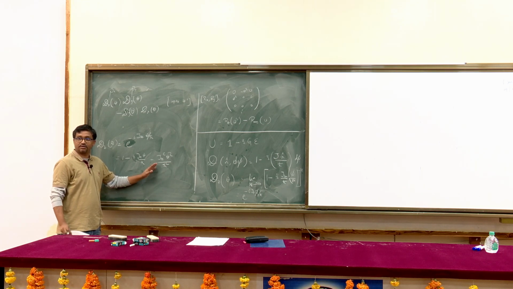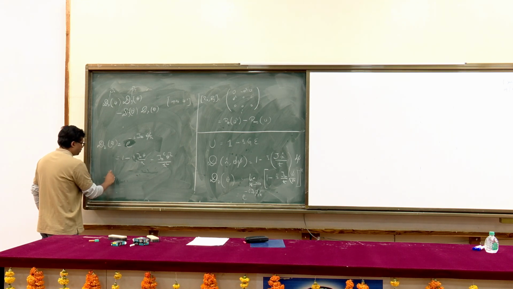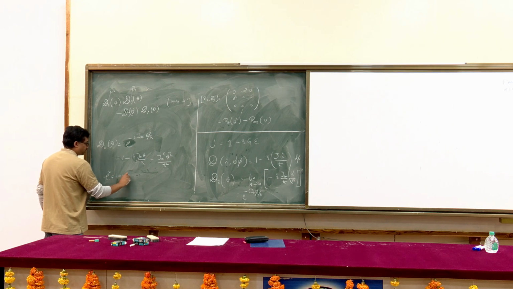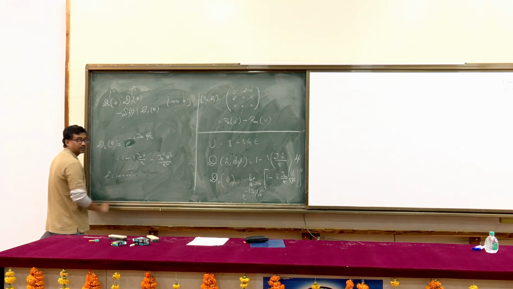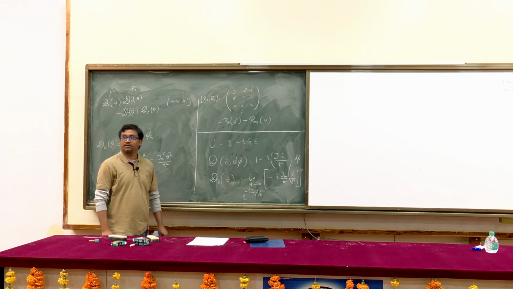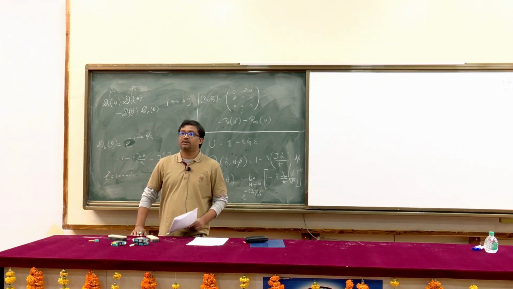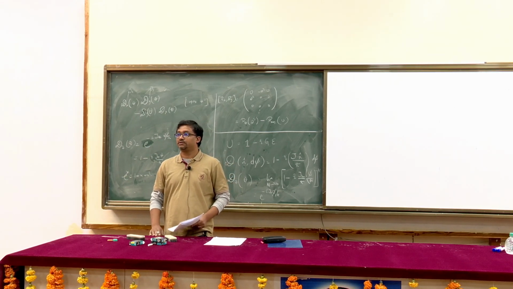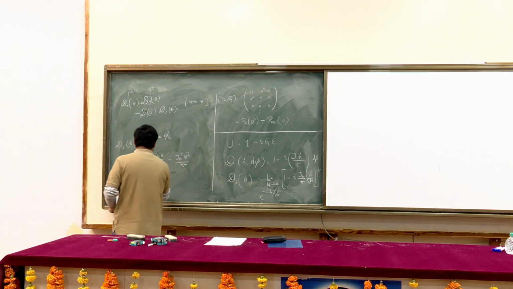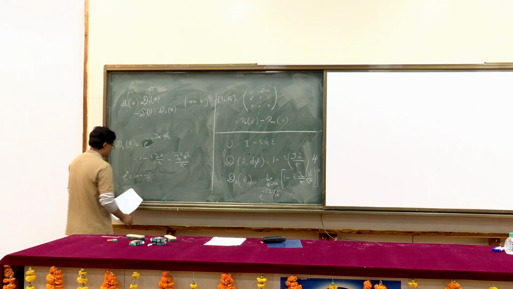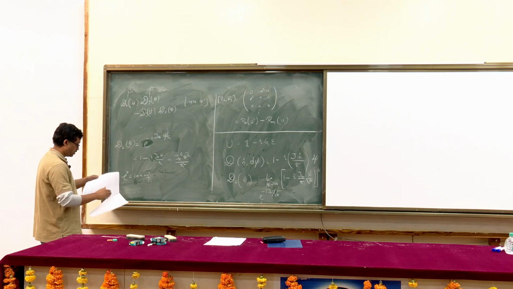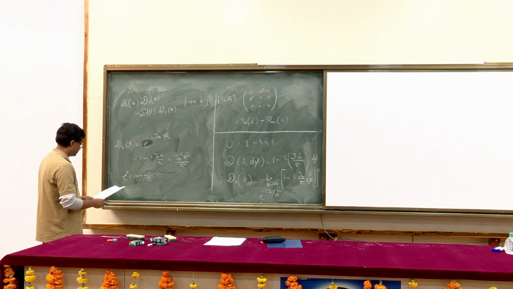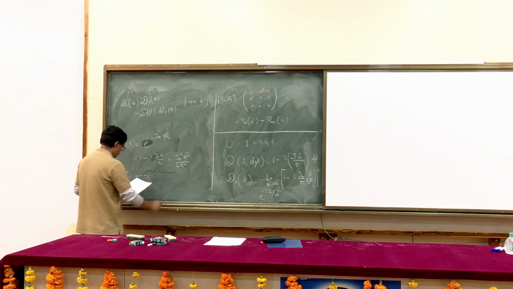It is an e to the power x, 1 plus x plus x square by 2 factorial, the Taylor series expansion. So, there will be a 2.